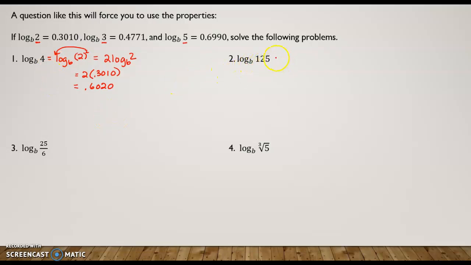You're going to do exactly the same thing here. Now 125 breaks down into 25 times 5, and then 5 times 5. So log base b of 125 is log base b of 5 cubed.